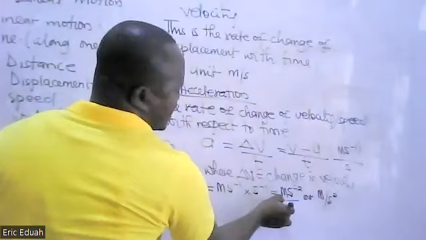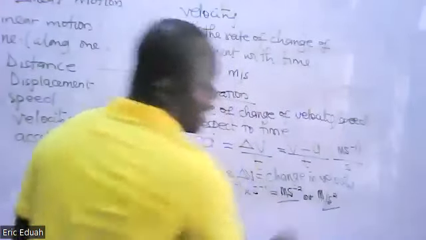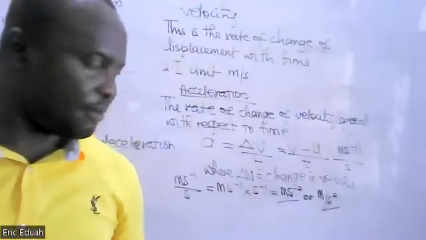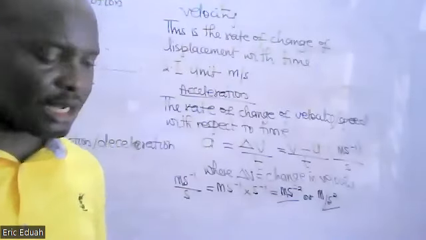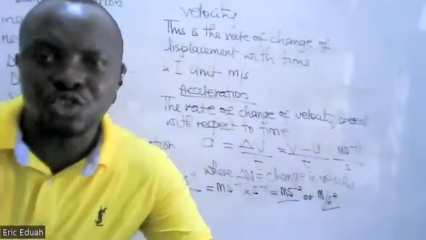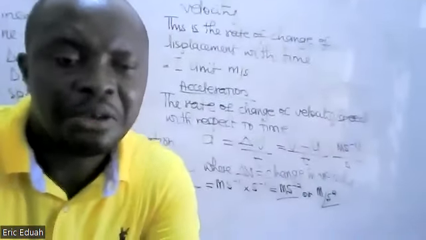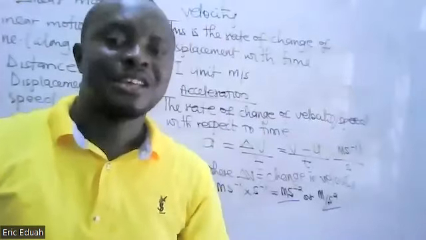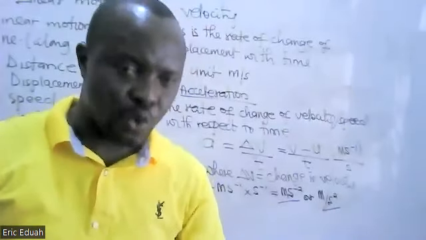Either you write it in this way or in the other way. So that's the SI unit of acceleration. It can also be given to you as kilometer per hour squared, or kilometer per minute squared.